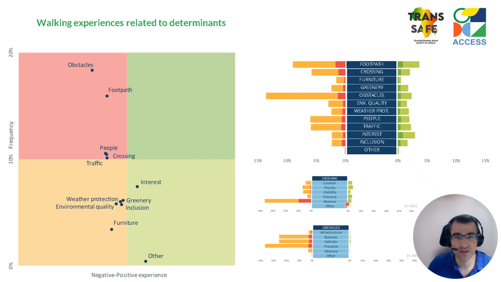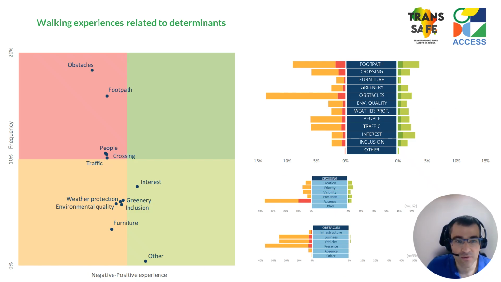So for example, here I just added 2, but for the case of crossings, it was quite relevant that people were concerned about the absence of pedestrian crossings. And also something that helped prioritize interventions is that the subcategories for obstacles were mainly other vehicles parked on the footpath and blocking crossings, but also street vendors.